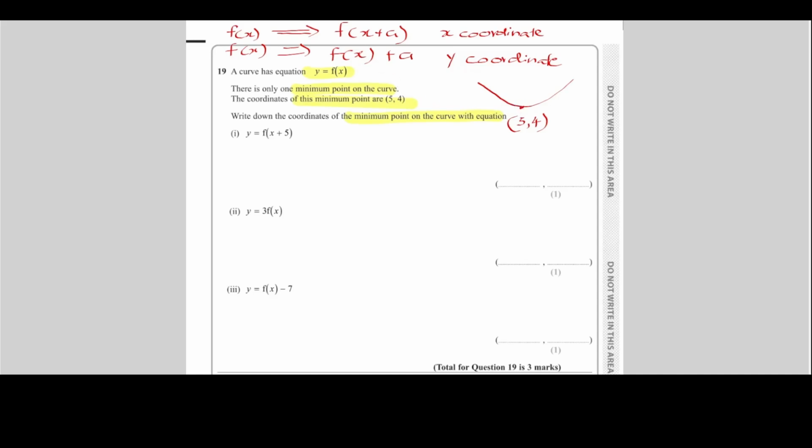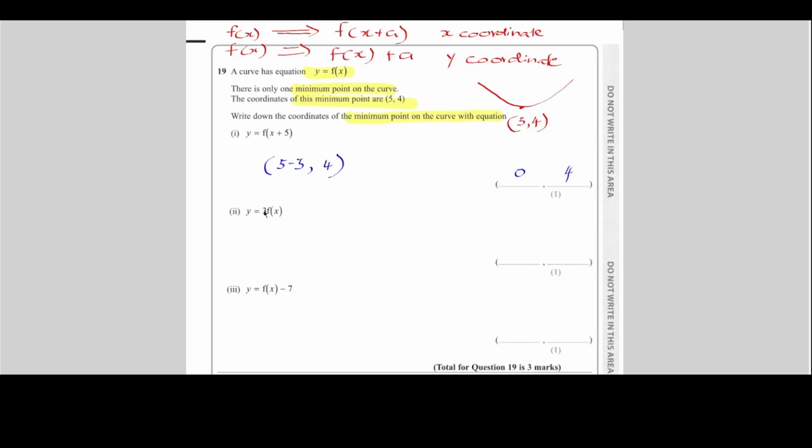Originally the x coordinate was 5, and the transformation given is 5, so I need to subtract 5. Then 5 minus 5. The y coordinate stays the same because nothing will happen to y. Then it will be 0, 4.